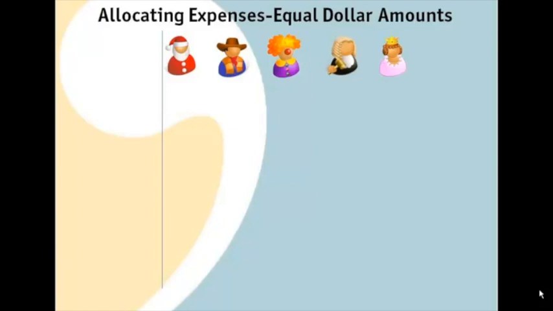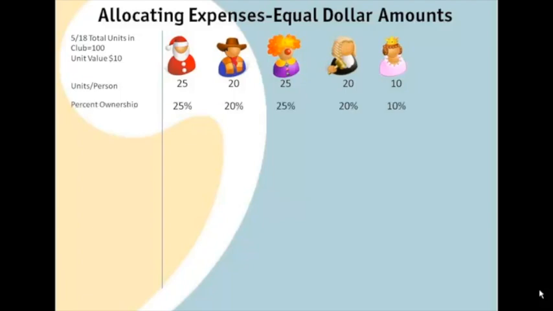Here's an example. Suppose on 5/18 you had 100 units in your club and each one was worth $10. Each member owned this many shares and therefore had this ownership percentage. Suppose you had a deductible expense of $100 and you wanted each person to be allocated $20 of the expense.